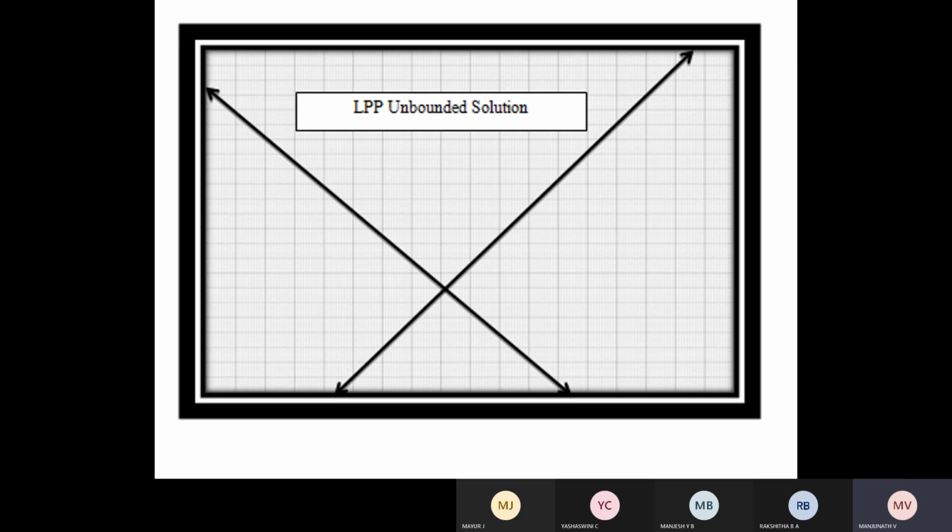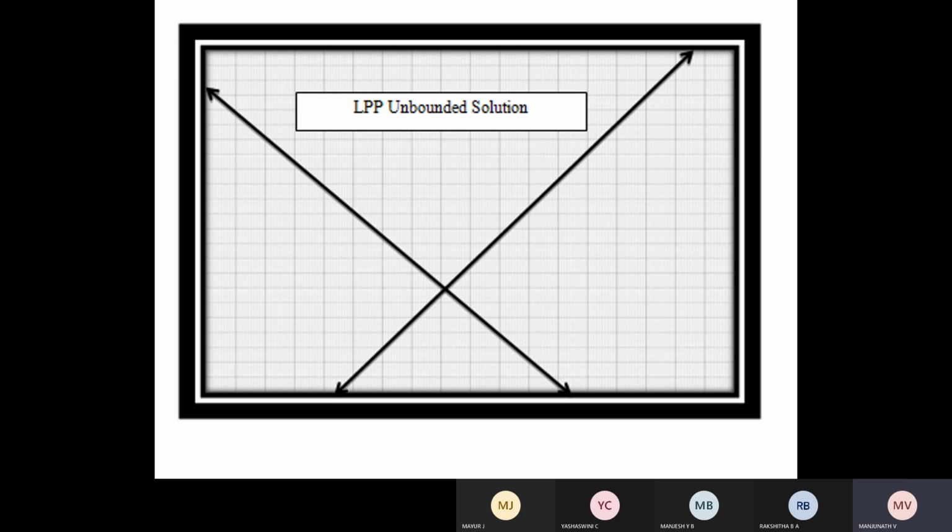There are a few graphical patterns. Based on those graphical patterns, you can decide whether you are going to get the solution or not.